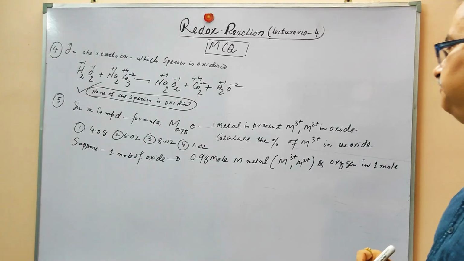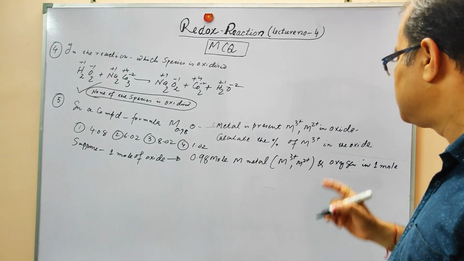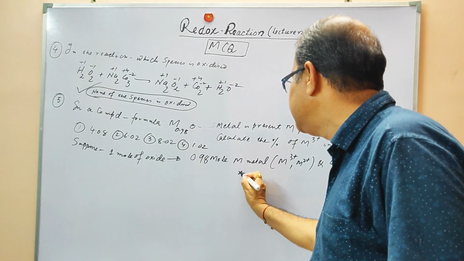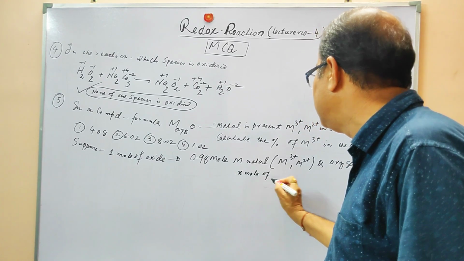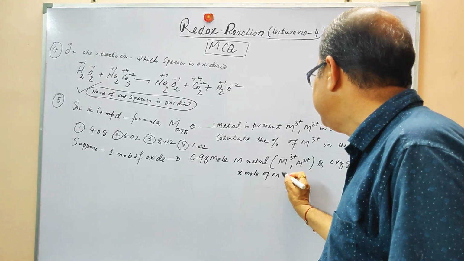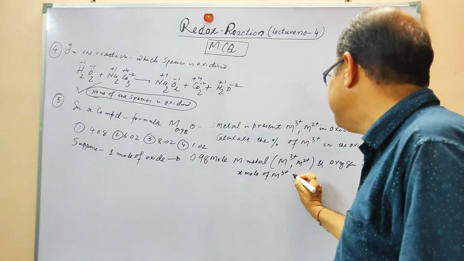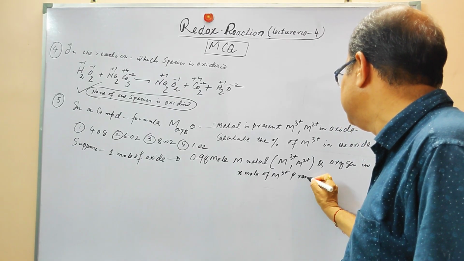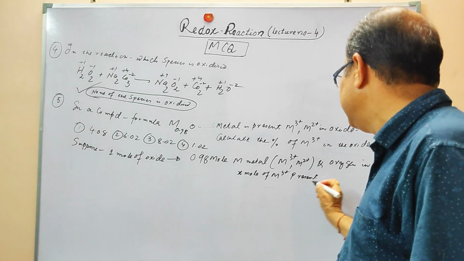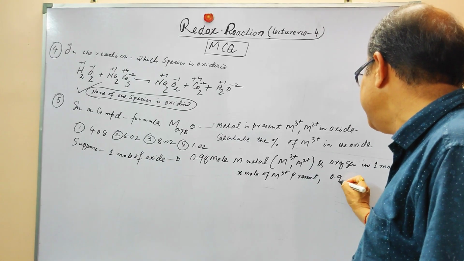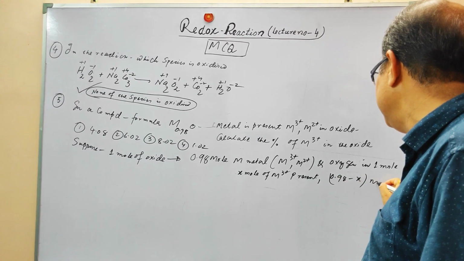From this molecular formula we are able to check. Suppose X mole of M3+ is present. Then we can say 0.98 minus X will be M2+.